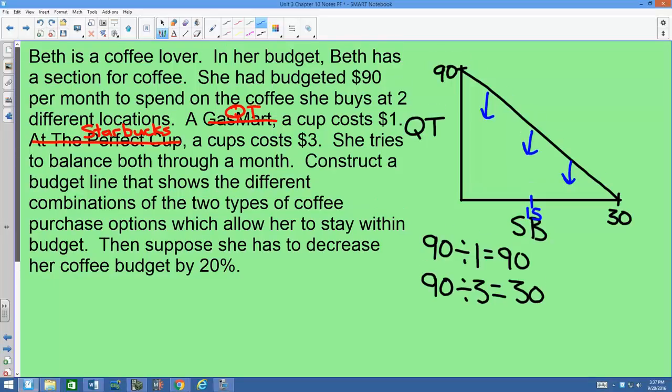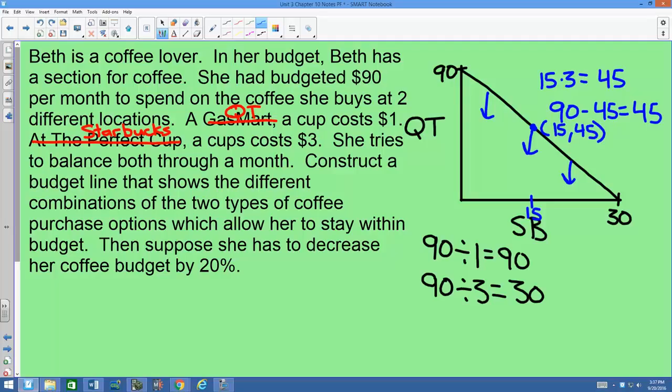We would look at 15 times $3, which is 45. And then if we took $90 minus $45, she could afford 45 cups at QT. So at this point it would be 15 Starbucks cups, 45 QT cups, and that would be right on her budget line.